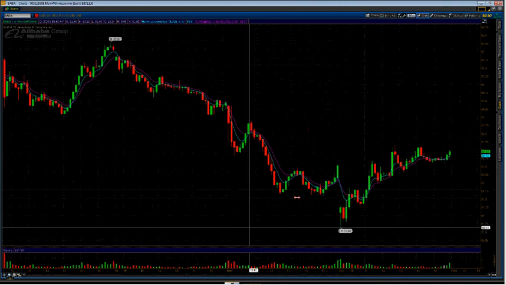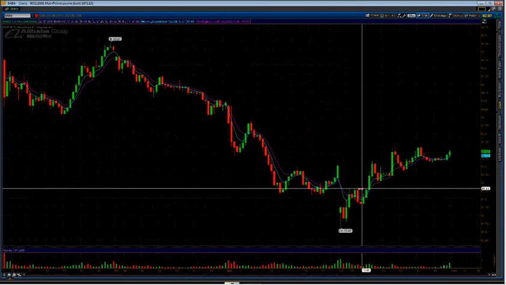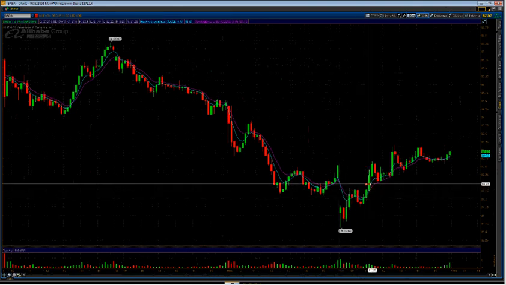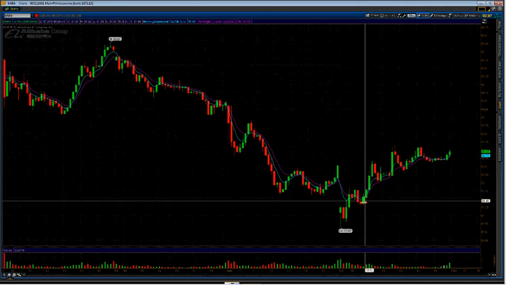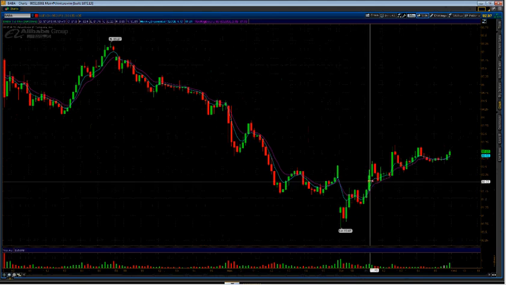And if you trade the at or in the money, when I say at the money, if it gave you a buy signal right at 82 bucks, the 82 call is the at the money call. But if it gave you a buy signal at 81.25, the 82 call is at or out of the money.